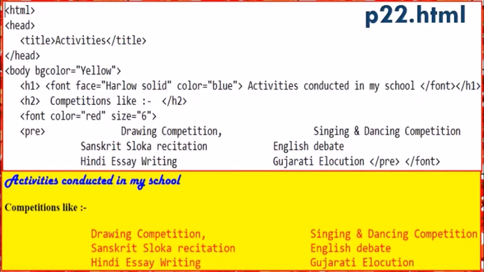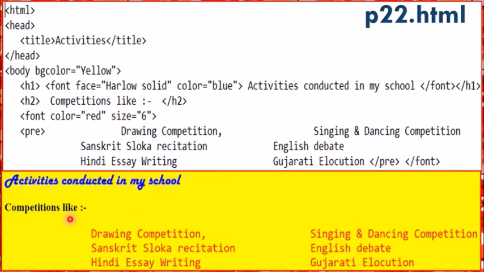This p22.html file will be executed when the user clicks on the activities link. So create p22.html file. The title activity will be displayed in the title bar of the browser window. Next, the heading activities conducted in my school is written within the heading 1 tag in blue color with font face Harlow Solid.